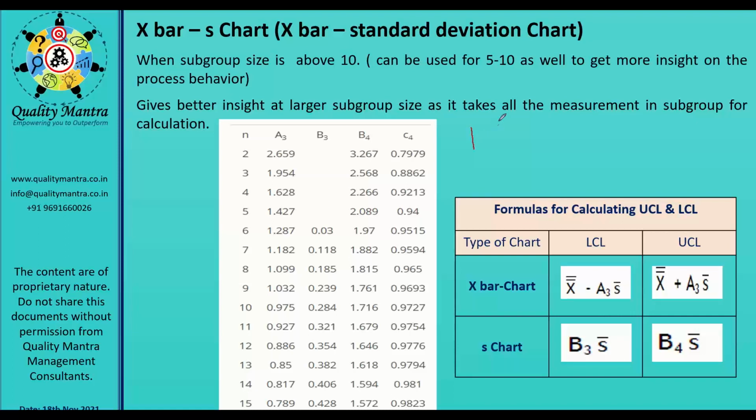You have a subgroup size of 6, for example. Your data is 1, 1.2, 1.5, 1.4, 1.6 and 1.3.